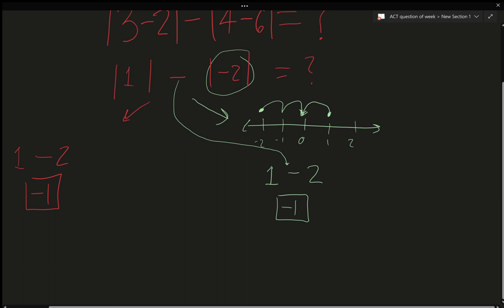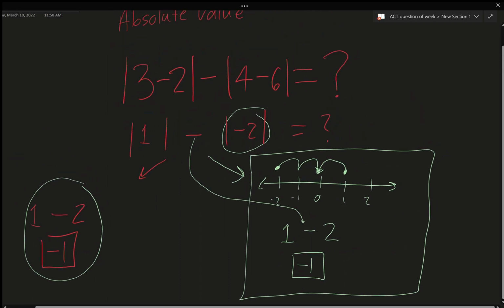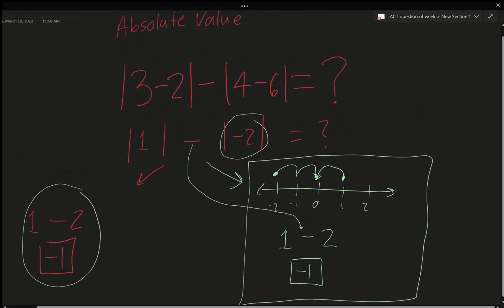But prior to doing this part, prior to either looking at absolute values as the positive version of whatever's on the inside, or looking at absolute values as the distance the number is from 0, or the number of units the number is from 0, prior to that, we want to make sure that the absolute value is entirely simplified.